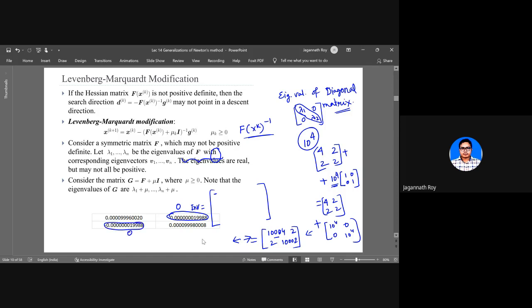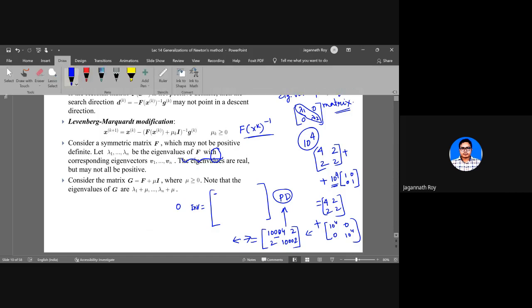So that means this particular matrix has converged to a positive definite matrix. So this is the main idea of the Levenberg modification of Newton's method.